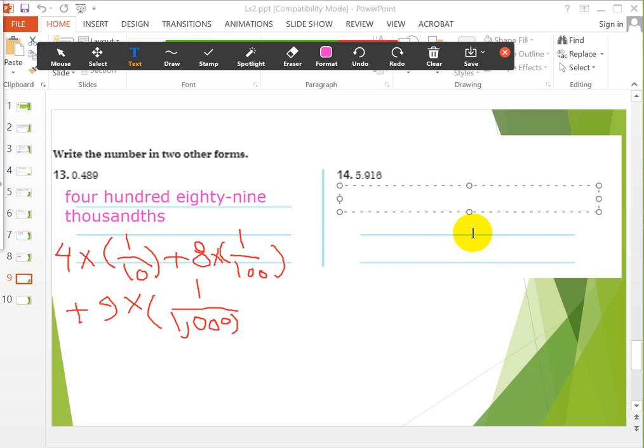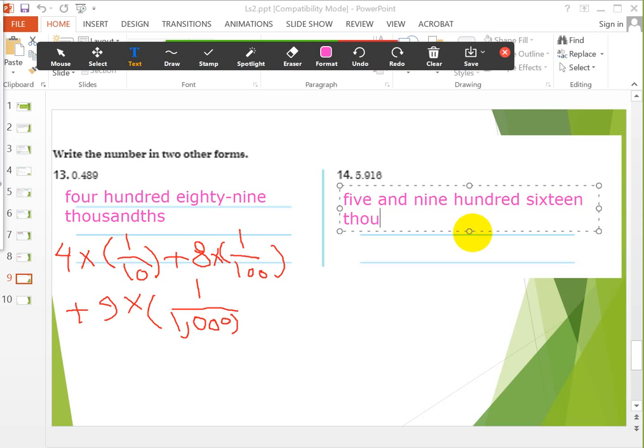It will be 5 and 916 thousandths. This is the word form.